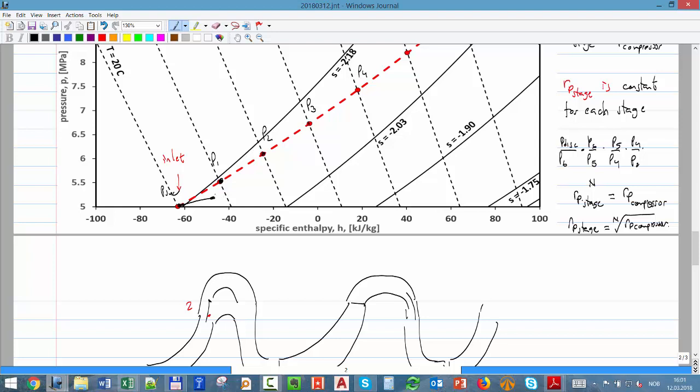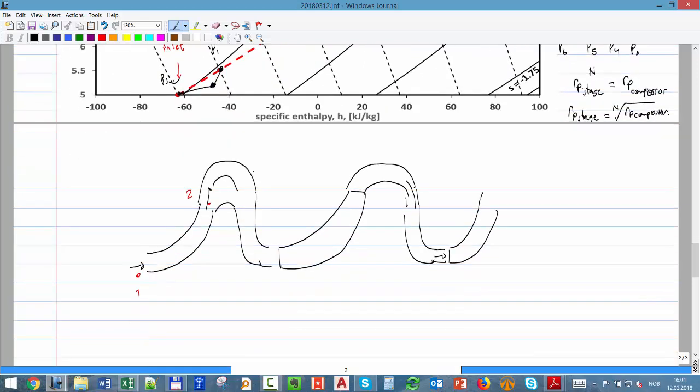Okay, but that's not the main purpose of the rotor. The purpose of the rotor is just to give kinetic energy, but the pressure will increase a bit. Okay, and then after, in the diffuser, where nothing is moving, you just have the conversion of that energy from kinetic energy to pressure. I decelerate the fluid.